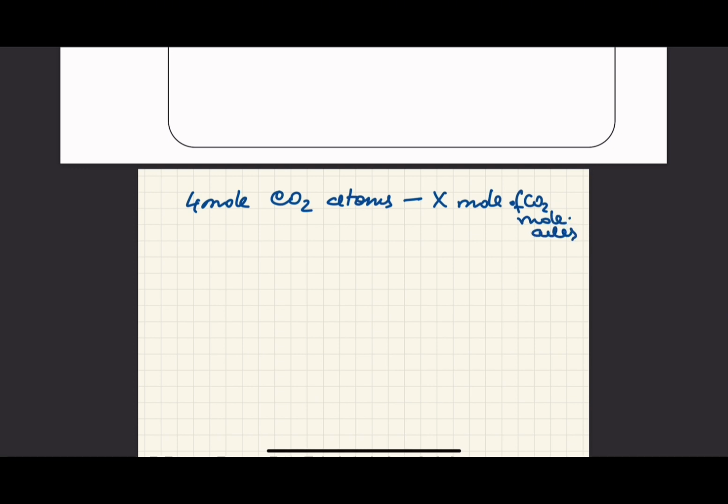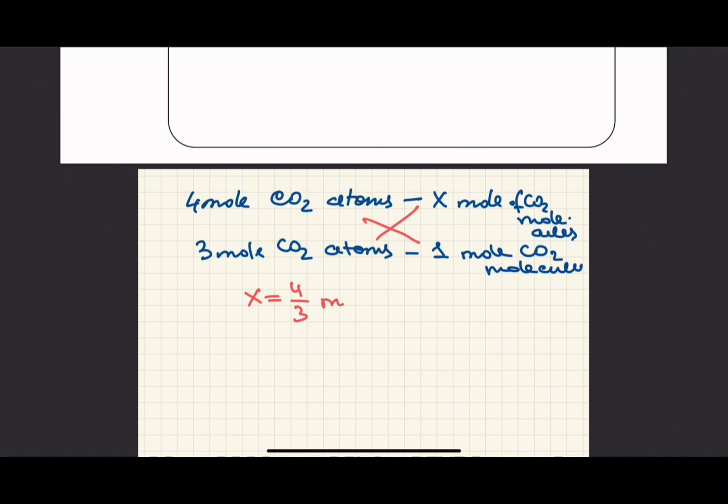And we know that 3 moles of CO2 atoms, meaning carbon and oxygen separately, come together and give you 1 mole of CO2 molecule. Now we're going to do a cross multiplication. This will give us 4 over 3 mole of CO2 molecules.